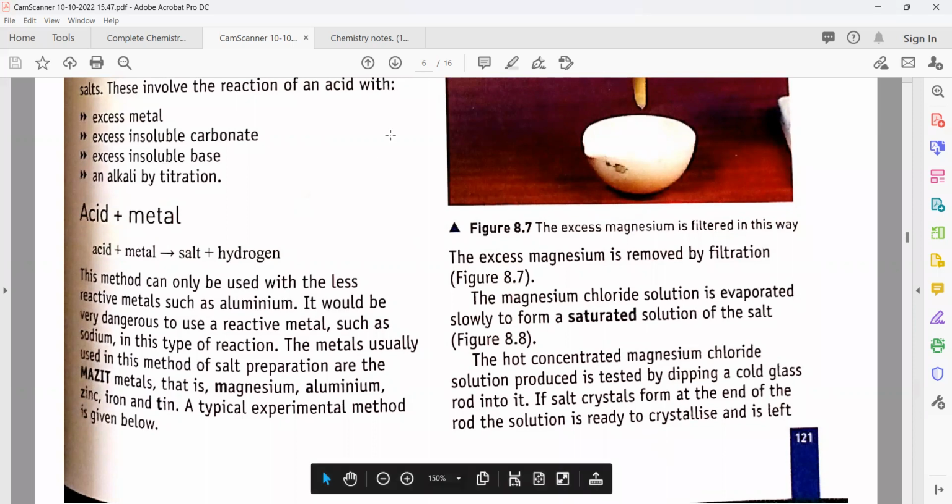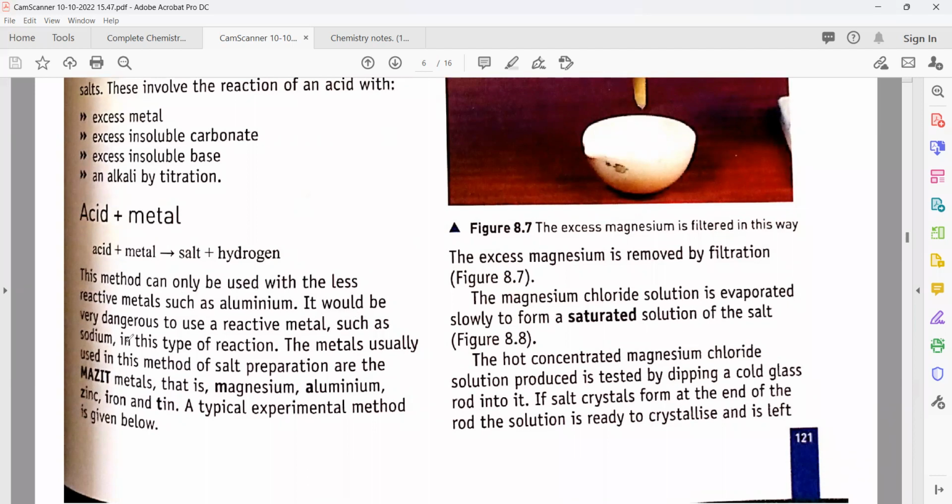If the metal is less reactive, then you use this method. It would be very dangerous to use a reactive metal. Why? There may be an explosion, and the reaction is very fast and quick, so you can't do this reaction with reactive metals, only the less reactive ones.